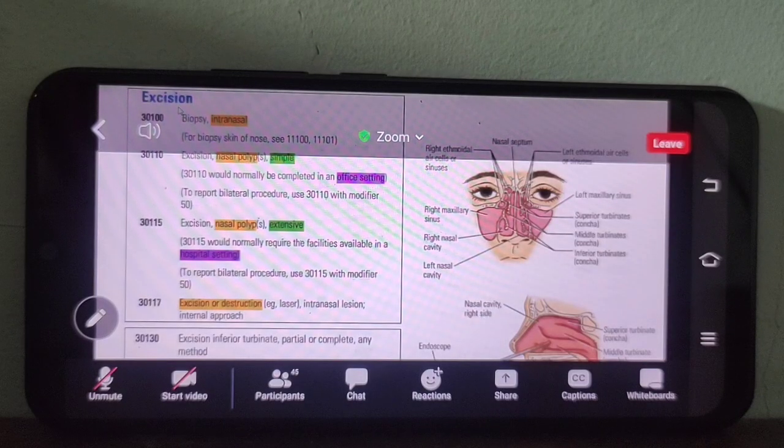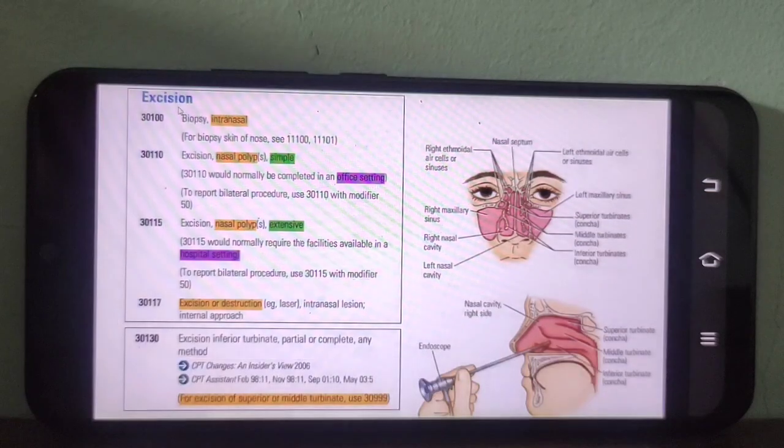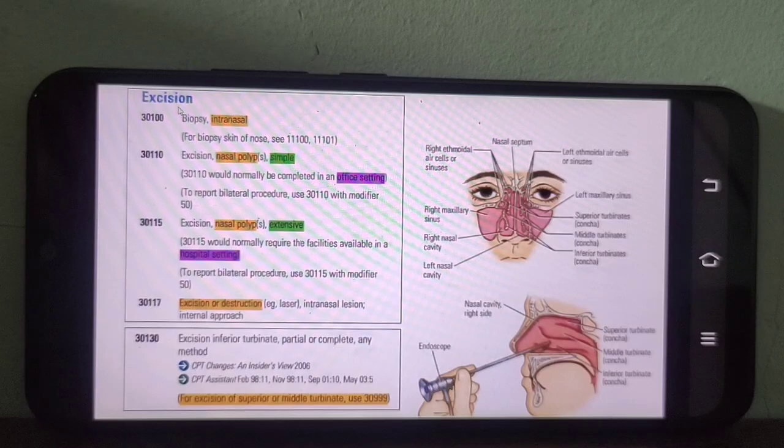Excision means removal: remove the polyps from the nose. That is the meaning of that code description. If you understand the meaning of the code description, you can easily understand the question also.